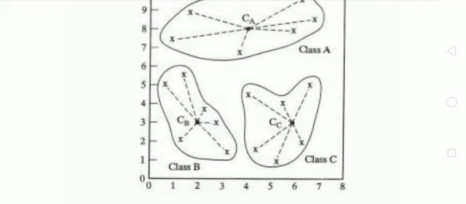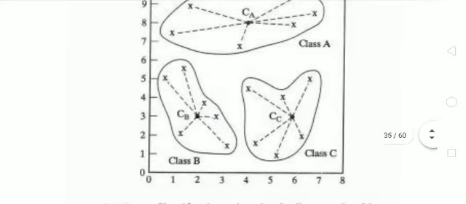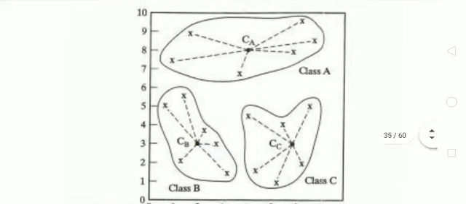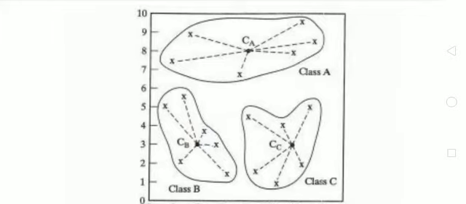Now we will measure the distance of every input element from the center of the class, and we will decide whether that input belongs to that class or to another class.